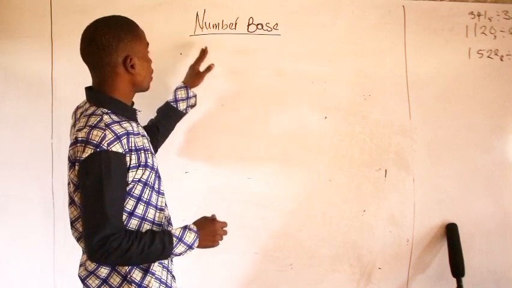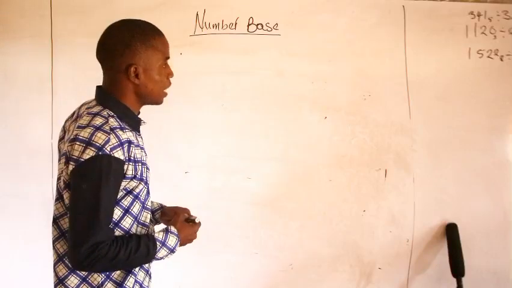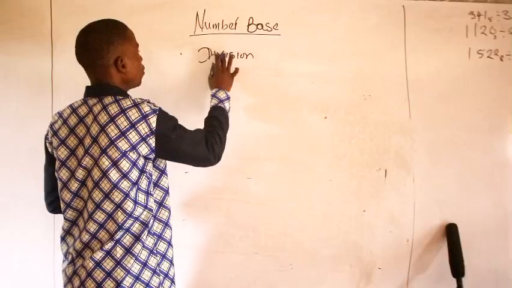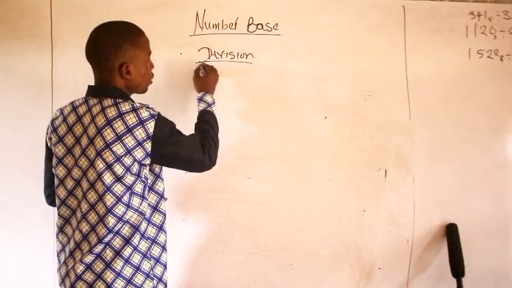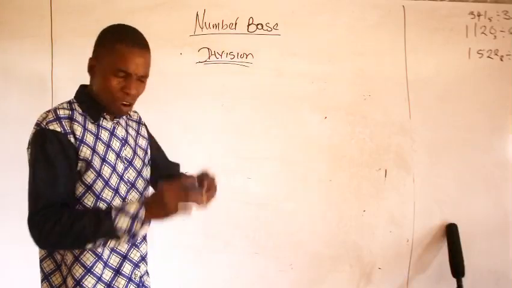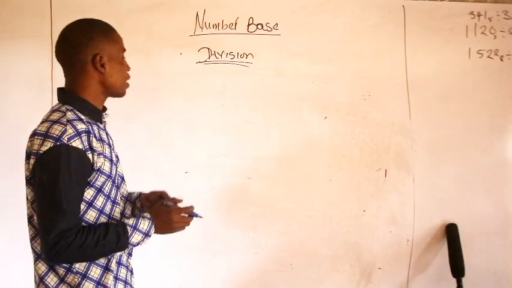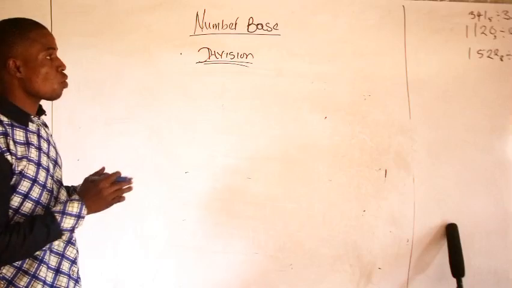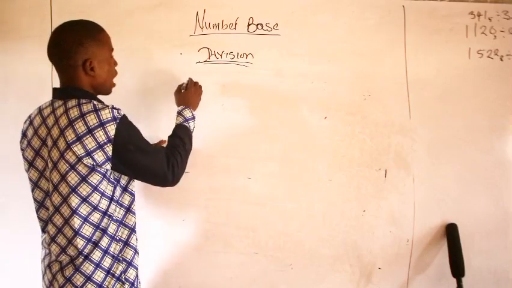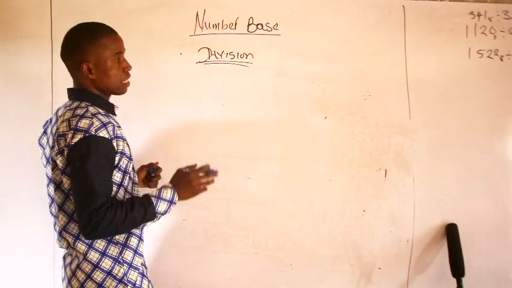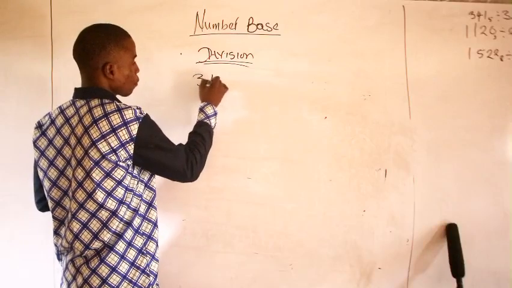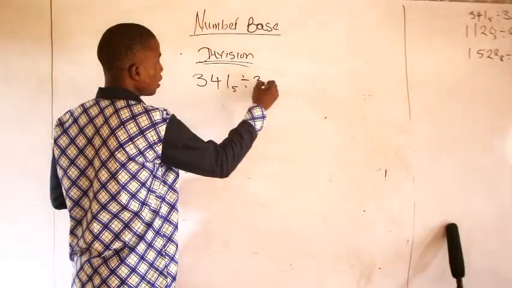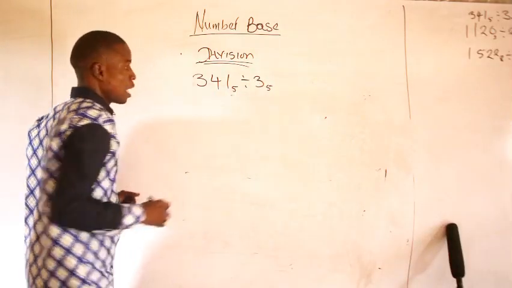Now, we are moving to number base division. Division in number base. How can we do the division? Let us look at this one, one after the other. Let me give us an example: 341 base 5 divided by 3 base 5.